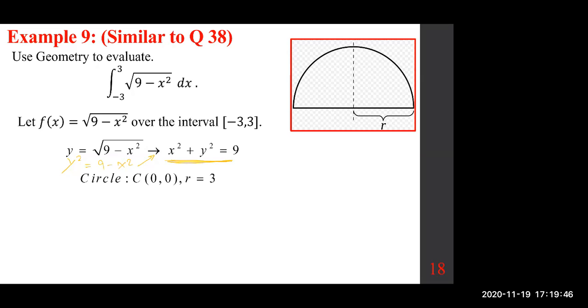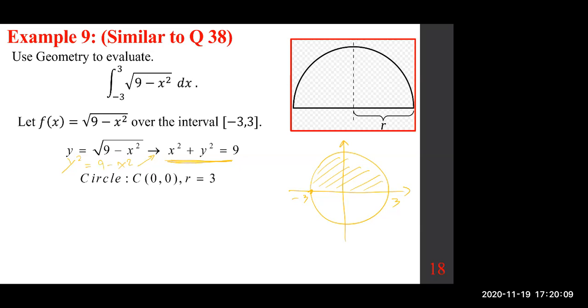However, because it's the square root, we just have the top half. If it was minus, we would have the bottom half. It doesn't matter. So the area would be what?